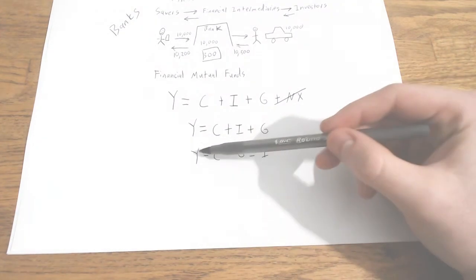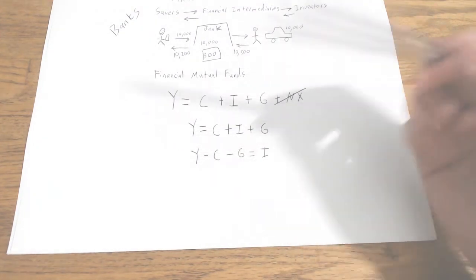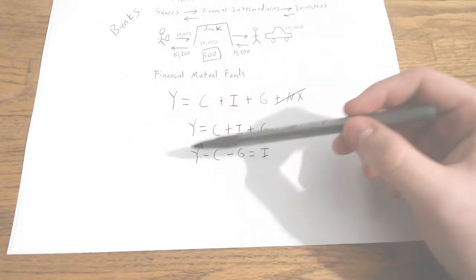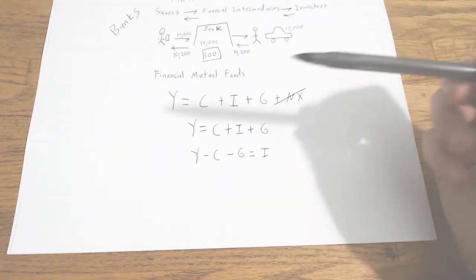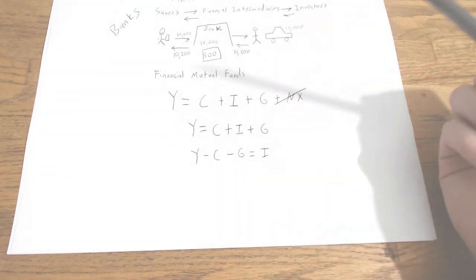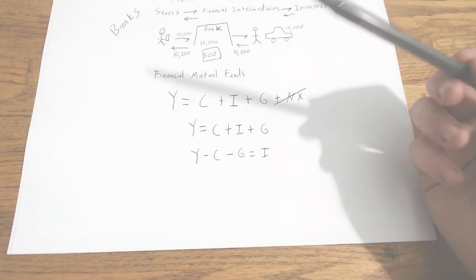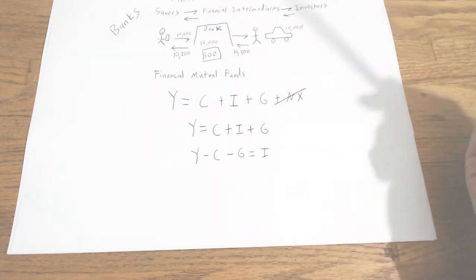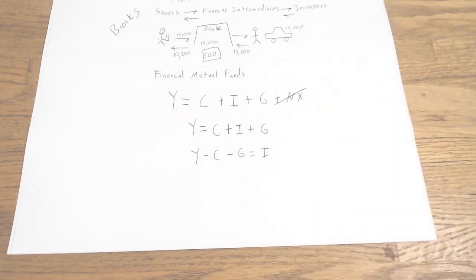Y is our total income or total expenditure, whatever you want to consider, but it represents the income of our national economy. C is the amount that people like you and I consume, and G is the amount that the government consumes. So if you have our income minus our spending, what would this mean?